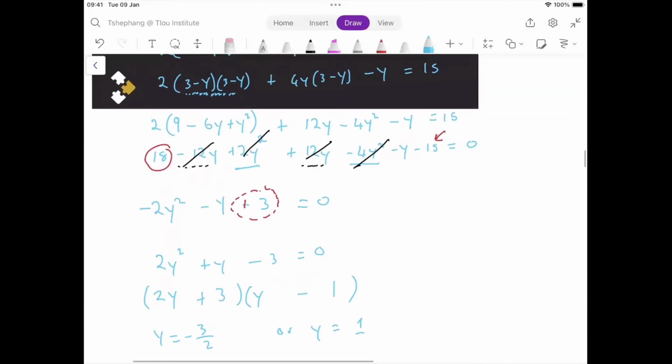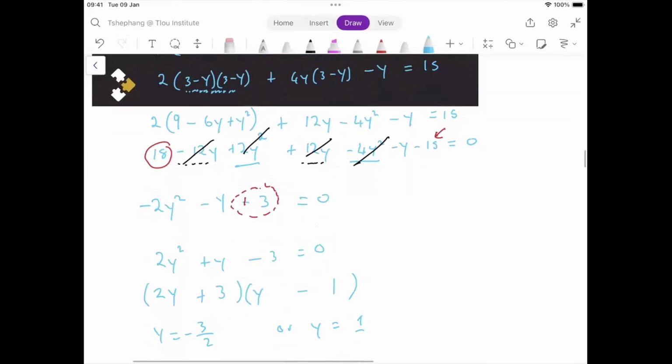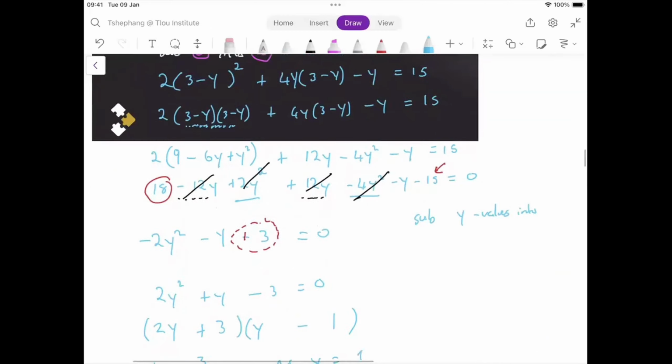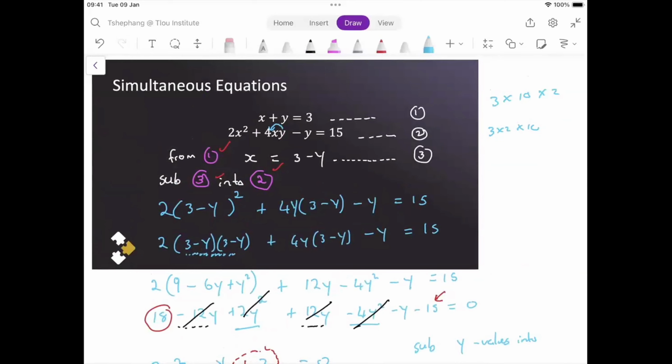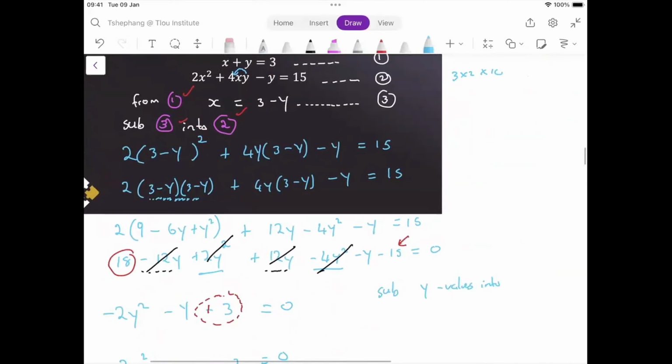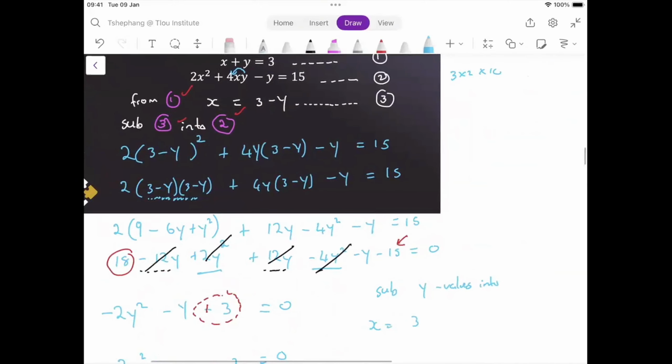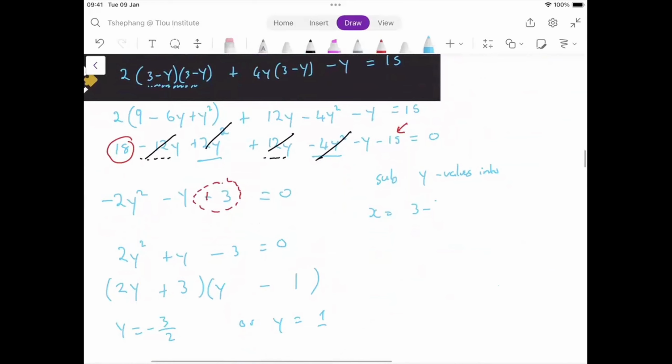Now, we just need to substitute. Then we're going to what? Sub y values into equation 3. Even if you sub into 1, it would work. But don't sub into 1 because you have already solved for x. So take it from equation 3. So x is equal to 3 minus the y value, which is negative 3 over 2.